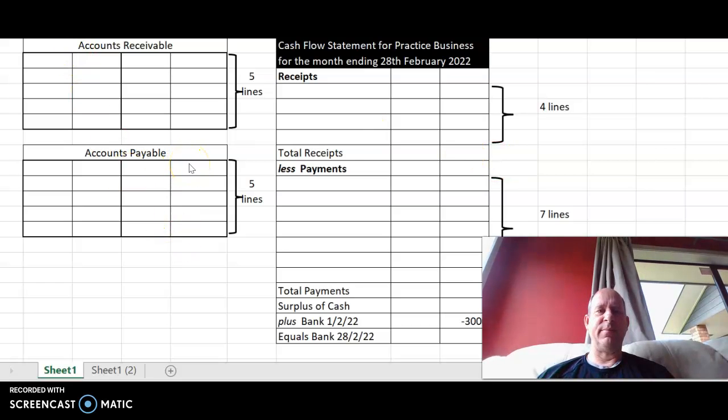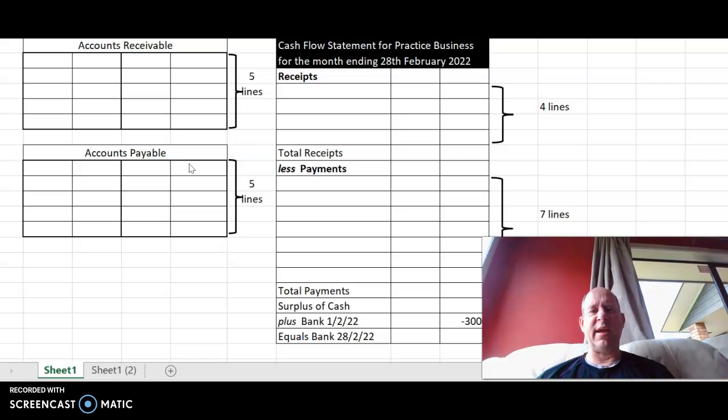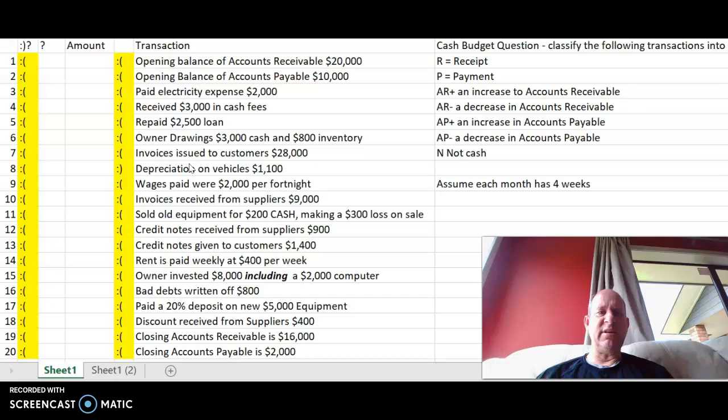Great, welcome back. I'm just going to get you to open up the spreadsheet that I sent to you, because in order to do the cash flow statement we need to classify the transactions. These are the transactions in the spreadsheet that's been sent through to you, and they're self-marking, which will help us as we go through.